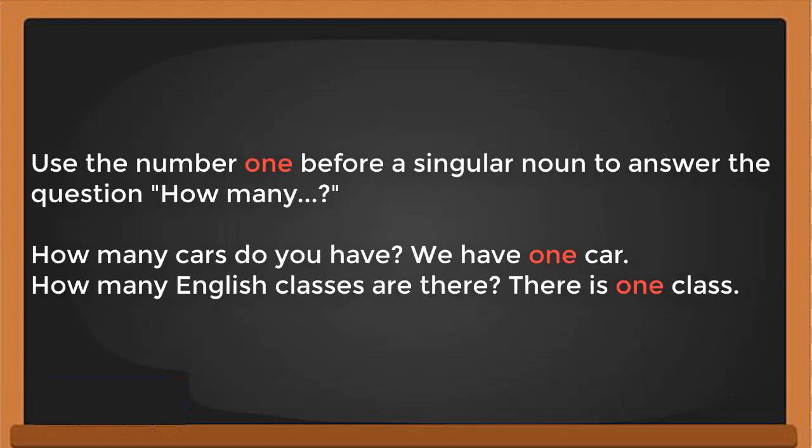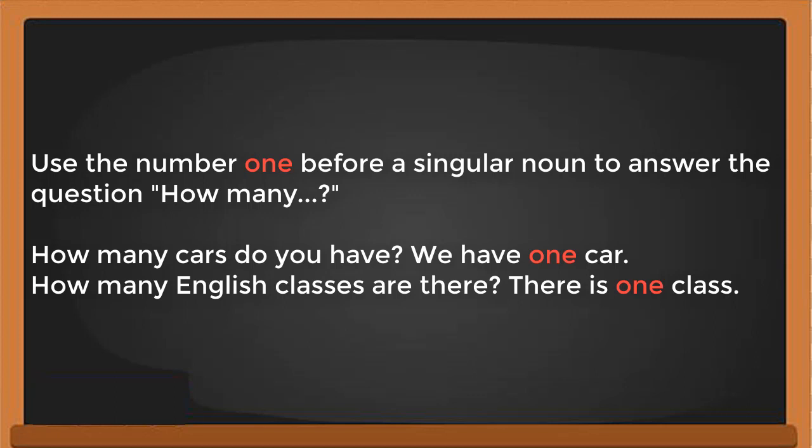Now let's use this in conversation with the question how many. For the question how many, we use a number. For a singular noun, the number is 1. How many cars do you have?